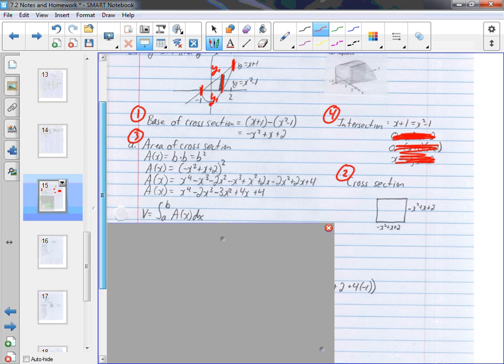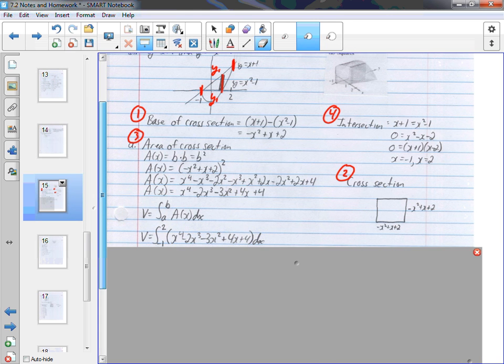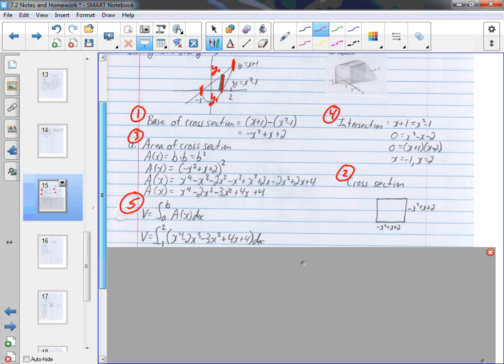So, set the first graph, x plus 1, equal to the second one, x squared minus 1, and solve it. And now I know that a is negative 1 and b is 2. And now I'm ready for the fifth part.